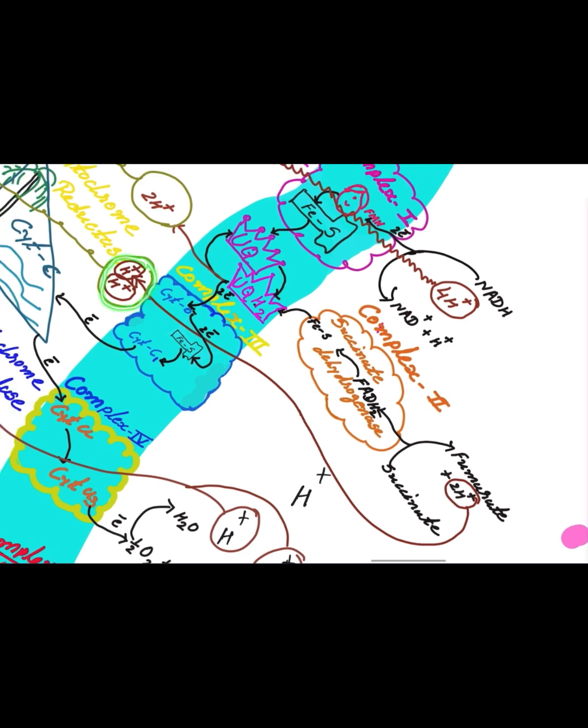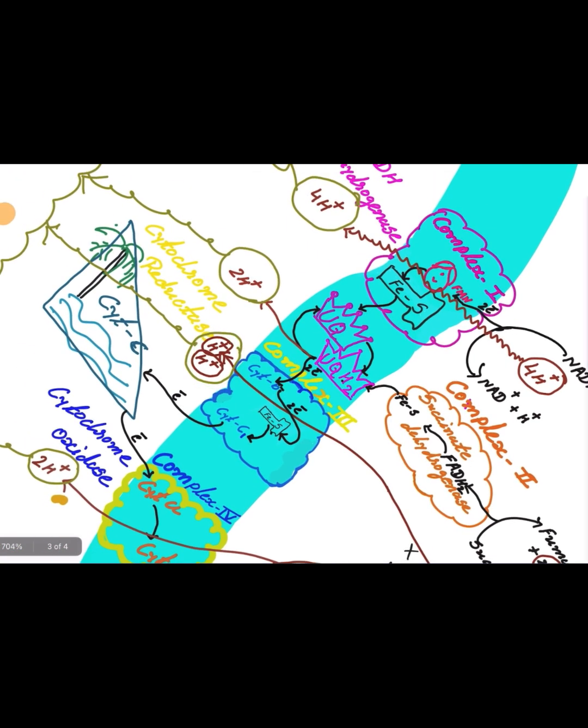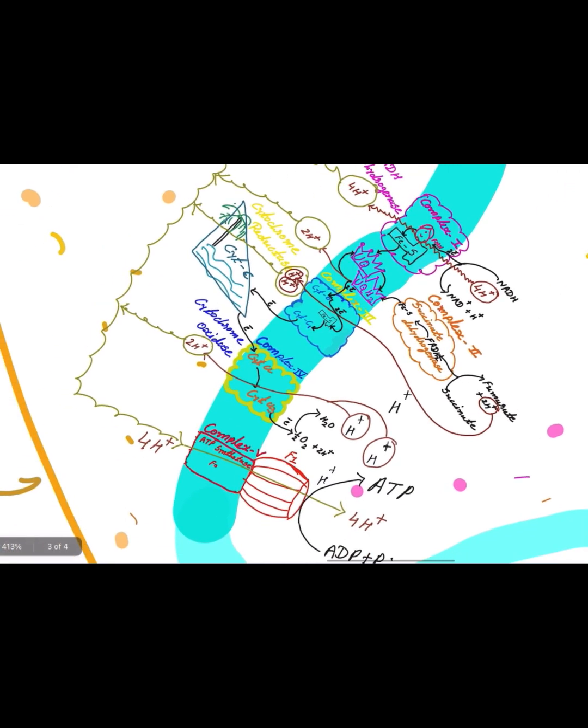These 2 H plus ions pass across the inner membrane and move to the intermembrane space. Here there is no role of complex 1, so the role of complex 1 is eliminated. When FADH2 is the electron donor, 4 H plus are not there in the intermembrane space.